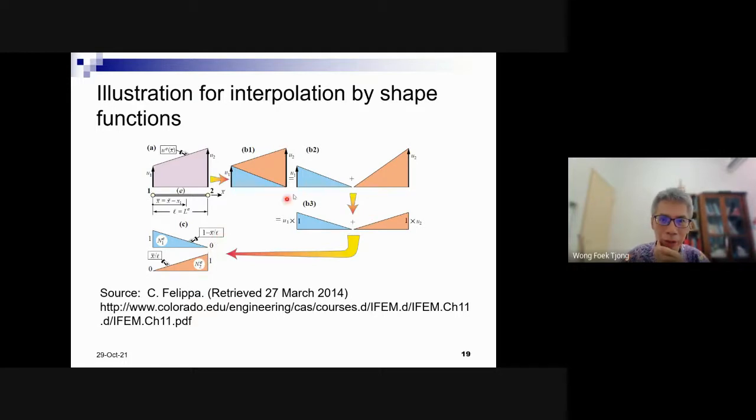So the total is u1 times this shape function plus u2 times this shape function. This is called interpolation because now, if we know u1 and u2, we can use the shape functions, or interpolation functions, to know the values between them. We know the values here, and just interpolate from there. How to interpolate? Just multiply with the shape functions. So that's why it's also called an interpolation function.